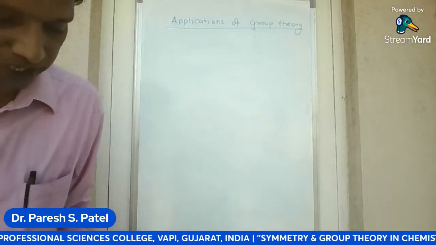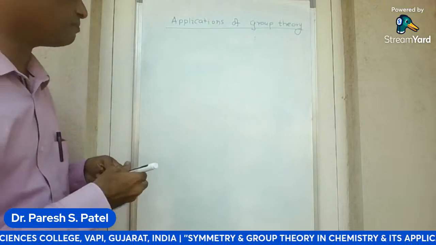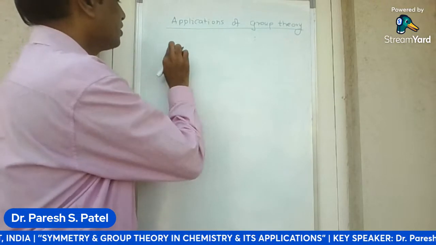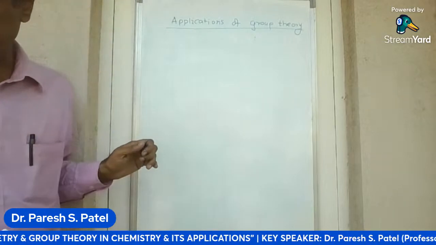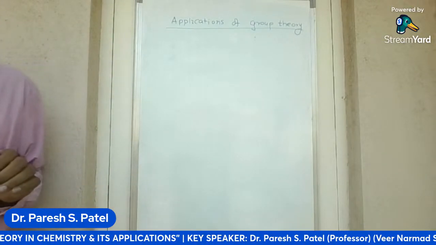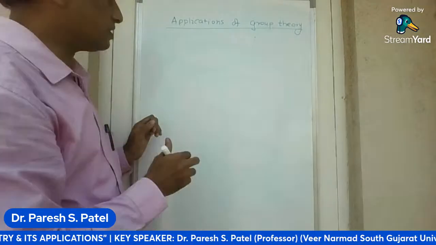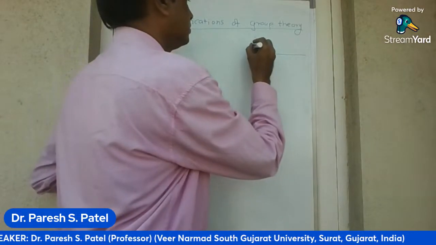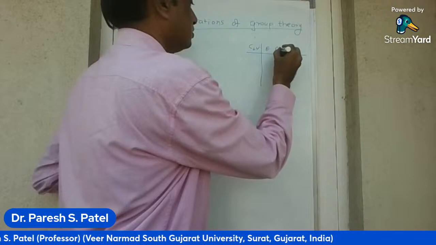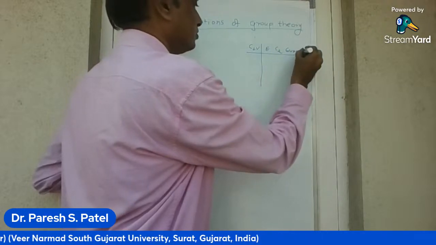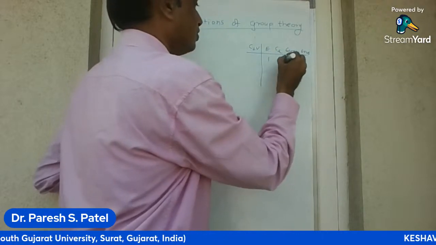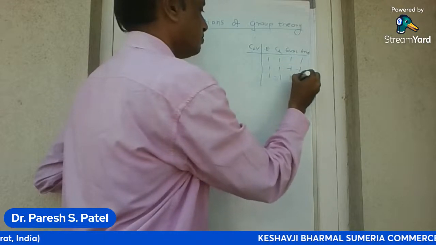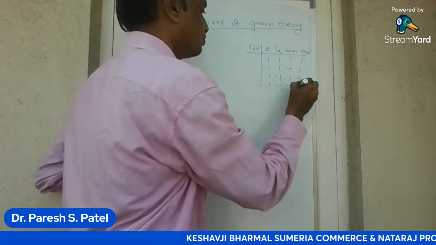Now, if you go for the combined p orbitals px, py, and pz, then what will happen? Finally, we can predict px, py, and pz from the character table: 1 -1 -1, 1 -1, 1 -1, 1 -1 -1, 1.